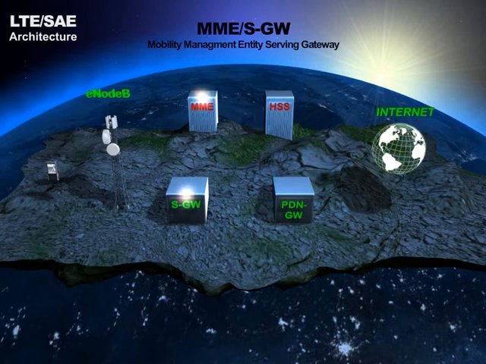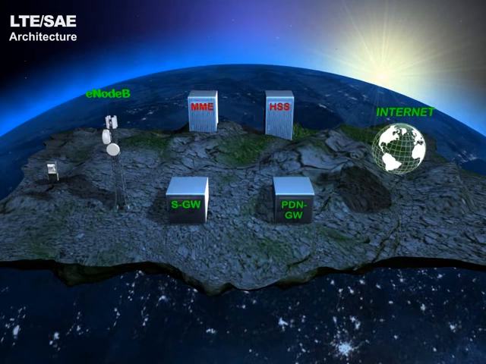This last router is split into two parts. MME is only involved in the control plane, and the main function of the serving gateway is transporting user plane IP packets.